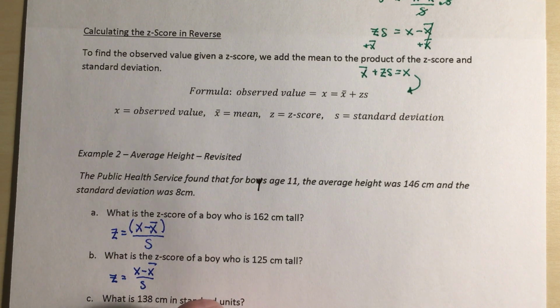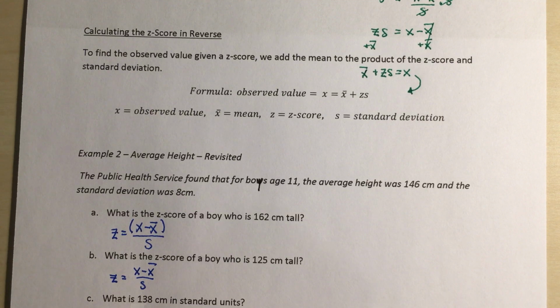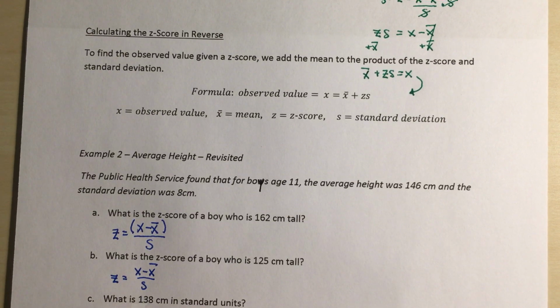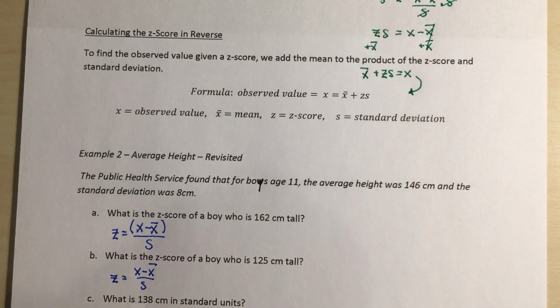So if we see either of these, that should tell us automatically that we want to use our basic z-score formula. All right, so I went ahead and just filled that in. Now we're going to go through and answer these questions.